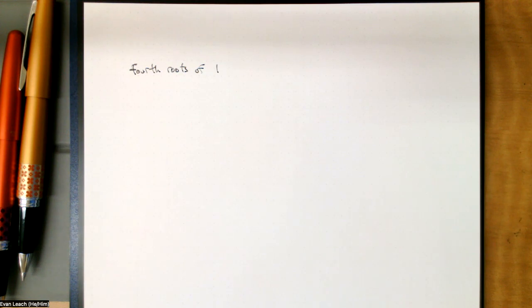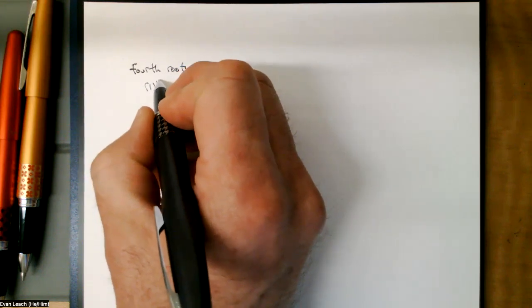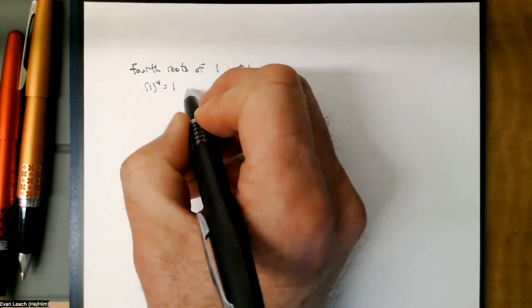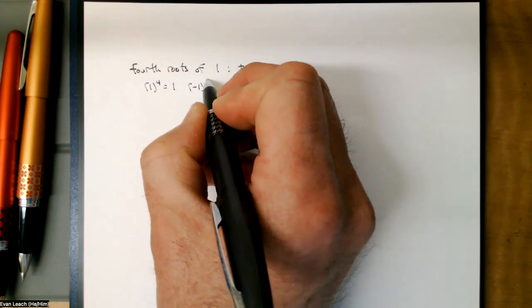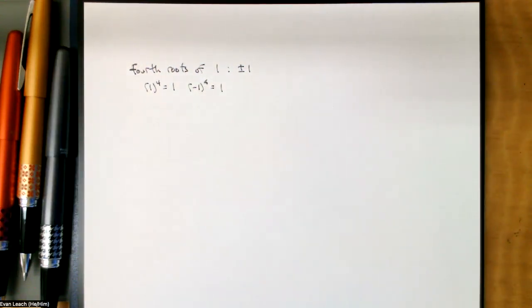So what to the 4th power gives us 1? There are two we can find right off the bat, 1 and -1. If I take 1 to the 4th power, that's 1. And if I take -1 to the 4th power, that's also 1. So there are two fourth roots, but there are other ones if we allow complex numbers.